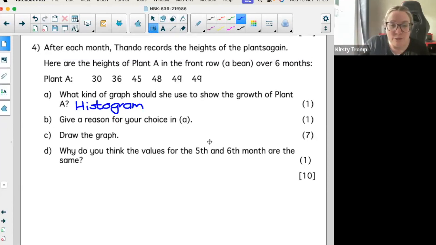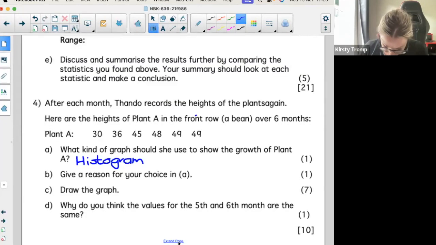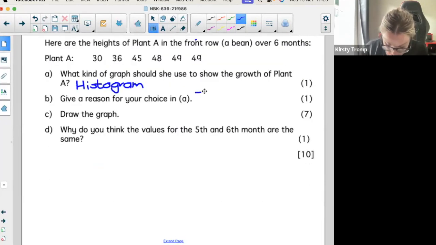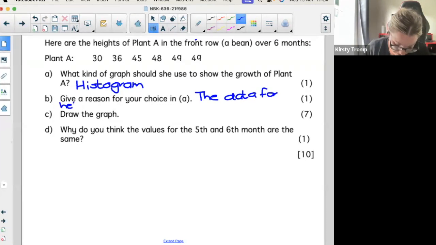Give a reason for your choice. You could have a number of reasons for your choice here. We could say that the data for height is continuous. We could say that if we want it to be really fancy.